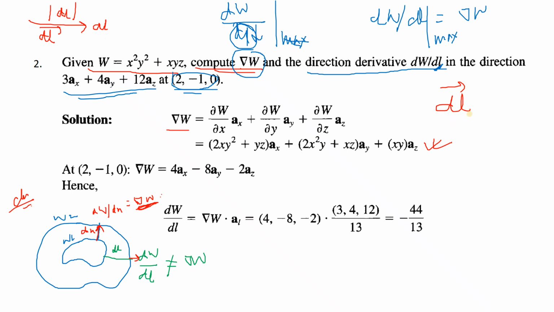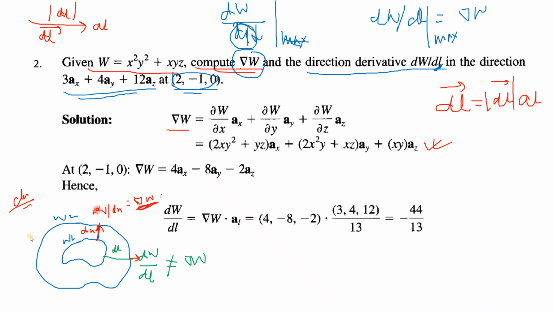That means this dl vector is magnitude and unit vector. Now dn was a vector, n for Nagpur, dn was a vector and l was another vector.